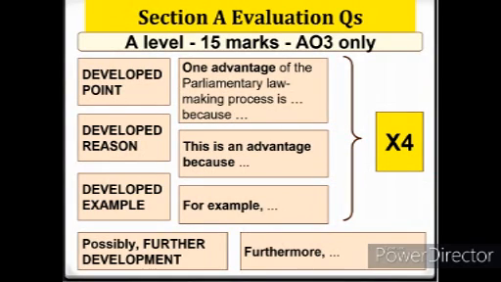For OCR A Level, I would suggest that you do 4 very clear paragraphs for a 15-mark question. You don't need an introduction, you don't need a conclusion, but you do need 4 developed evaluative paragraphs. And just to make sure you are fully developing your paragraphs, my advice is to do 2 of those 4 paragraphs with the additional further development sentence.